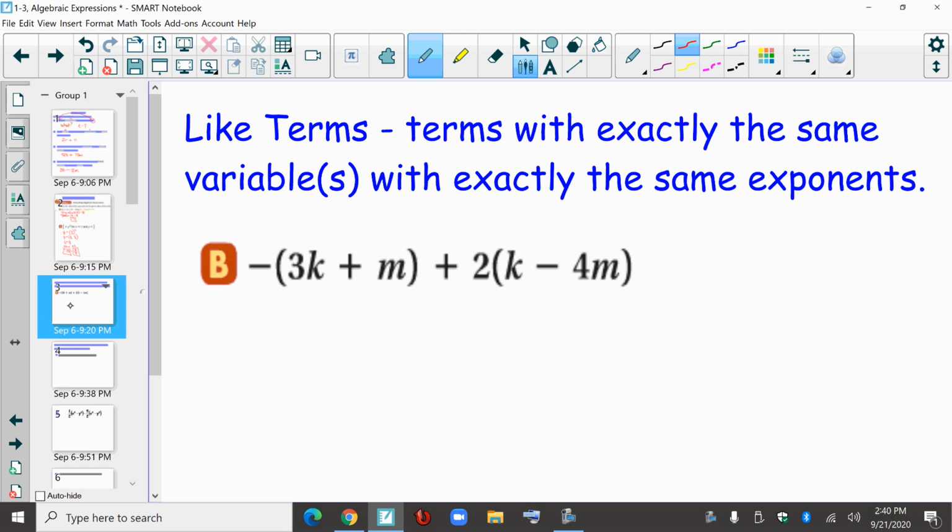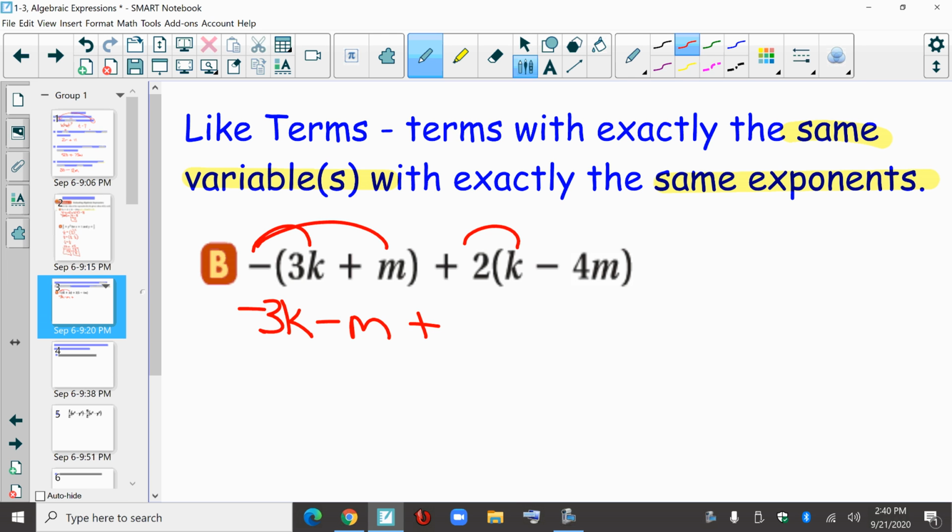Like terms. Like terms are terms with exactly the same variable or variables with exactly the same exponents. So they have the same variable with the same exponents. So here we go. We are simply going to do our properties. So this negative is going to go in by multiplication, by the distributive property.